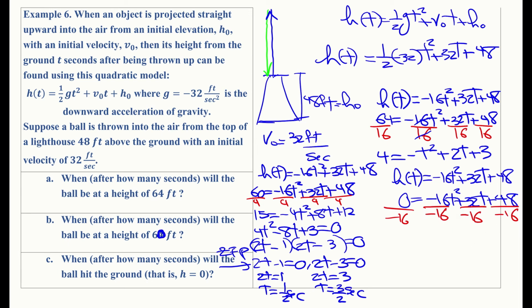So that's why we write it 3 times. All right, so 0 divided by negative 16 is just 0. On the right side, we get t squared minus 2t minus 3.